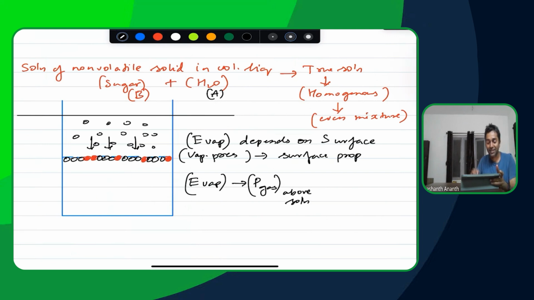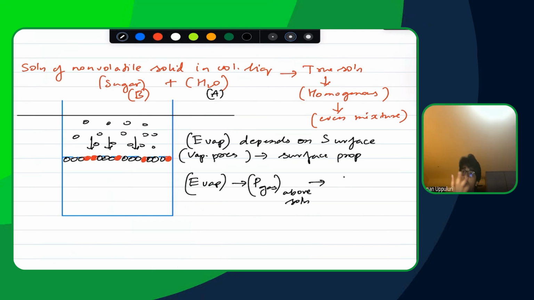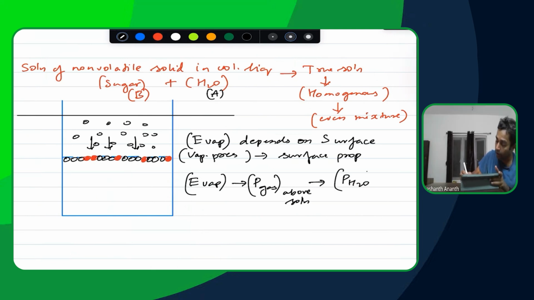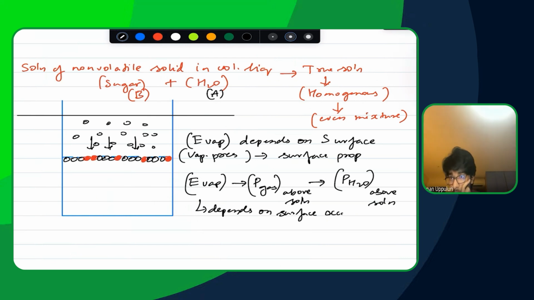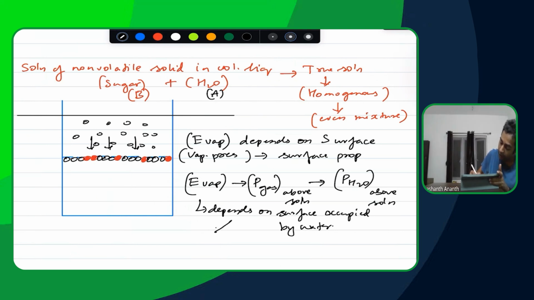In this case, what gas am I talking about here? I'm talking about water only. Water gas. The partial pressure of water above solution. Evaporation is going to be deciding that. And that depends on surface occupied by water, which is going to be in turn dependent on mole fraction of water molecules.